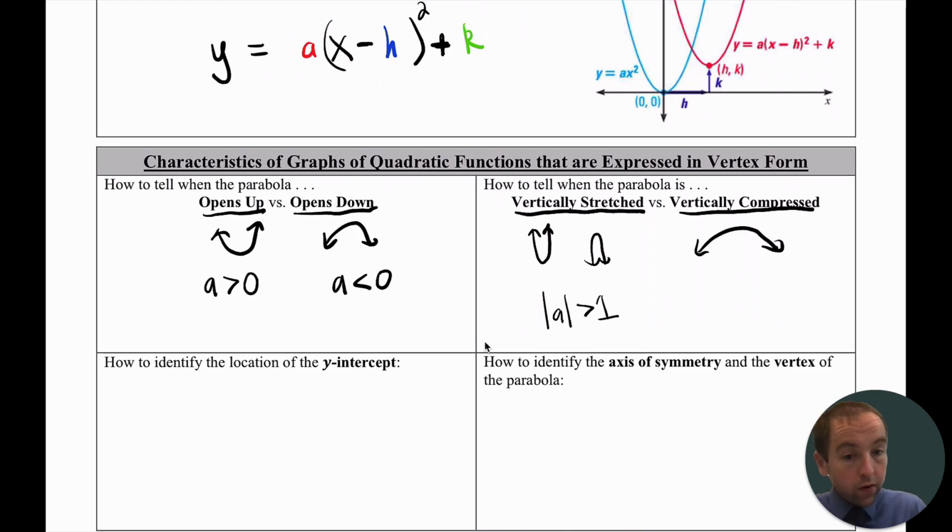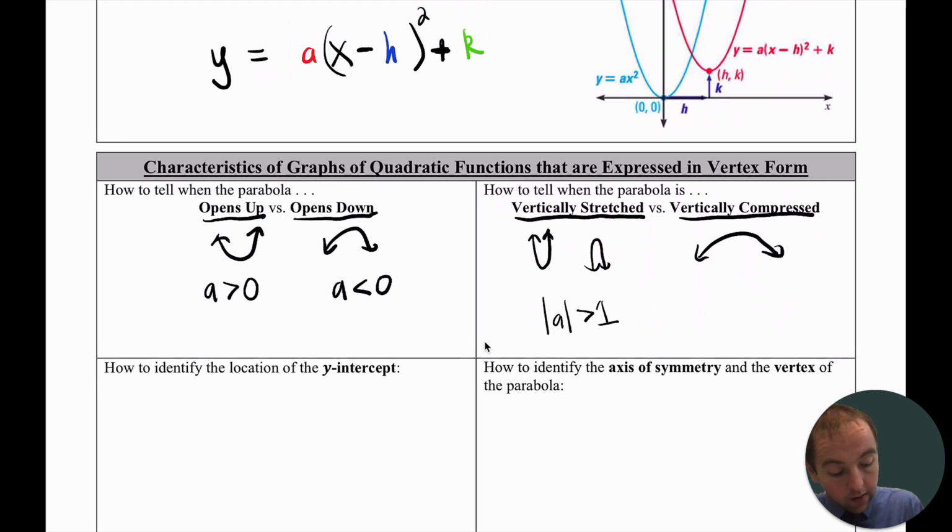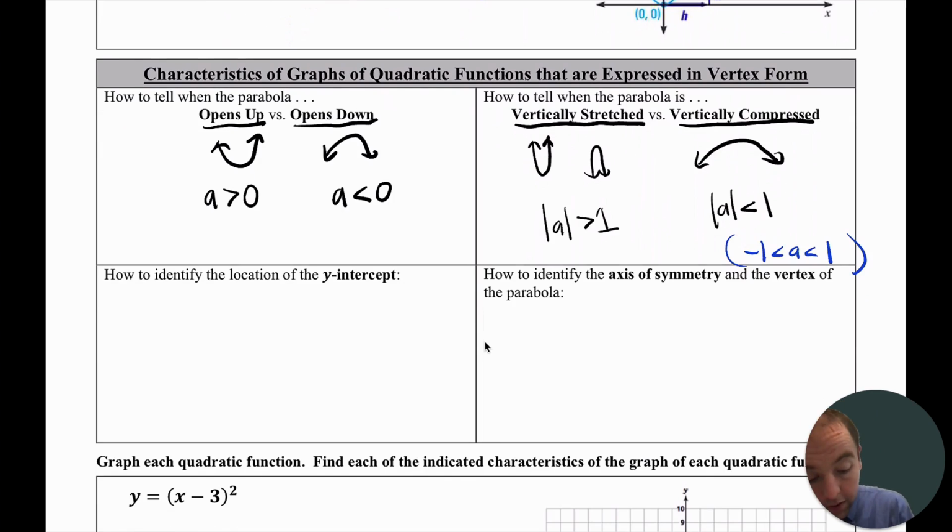A graph will be vertically compressed whenever your a value has an absolute value that is less than 1. That's the same thing as saying that -1 is less than a is less than 1. So anytime your a value is between -1 and 1, as long as a is not equal to 0.